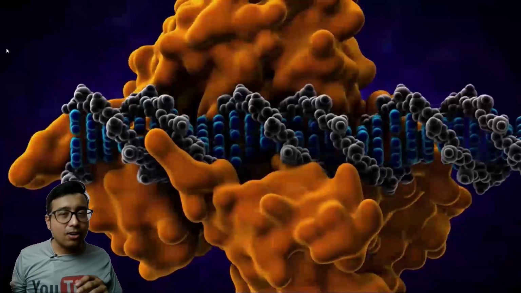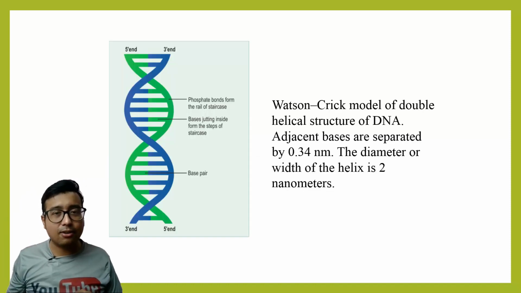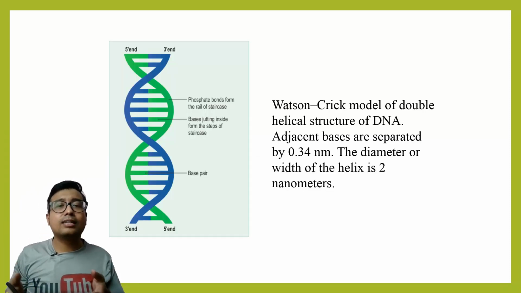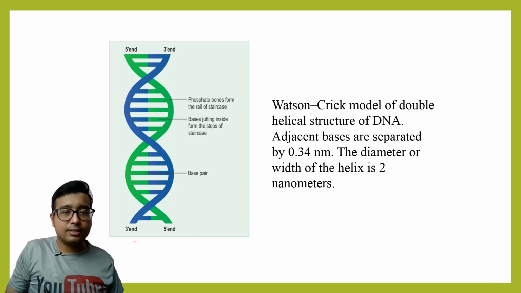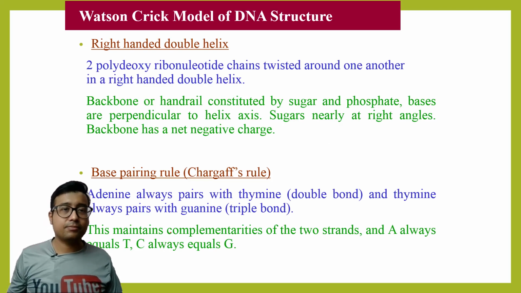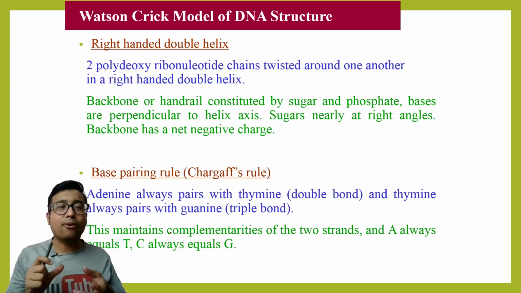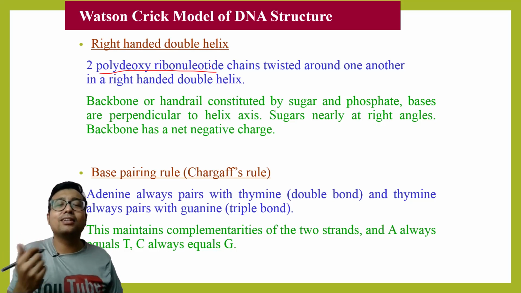Now let us recall a few things. What did I discuss till now? The Watson and Crick model of double helical DNA. The adjacent bases are separated by 0.34 nanometer, and the width of the helix is 2 nanometer. This is a right-handed double helix of polydeoxyribonucleotide chains twisted around one another.